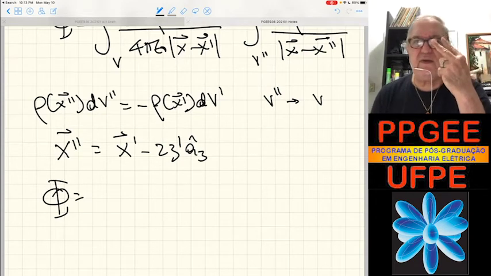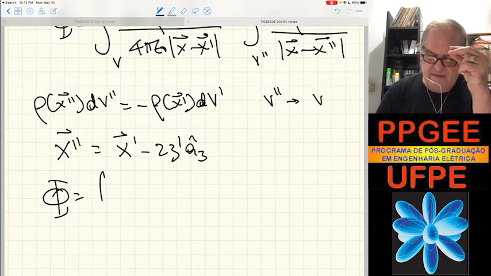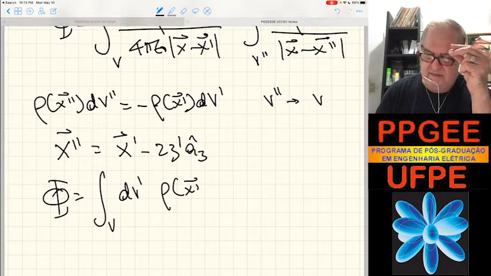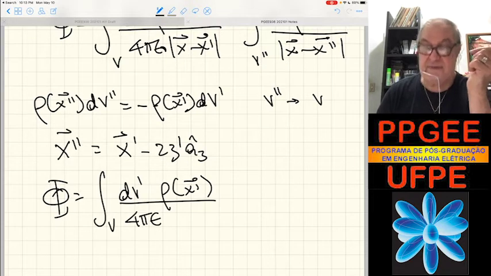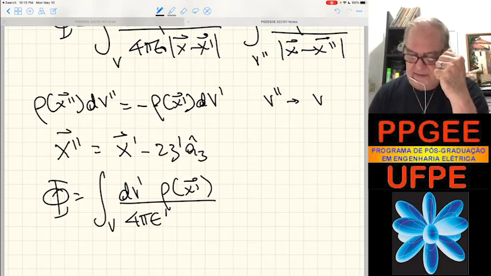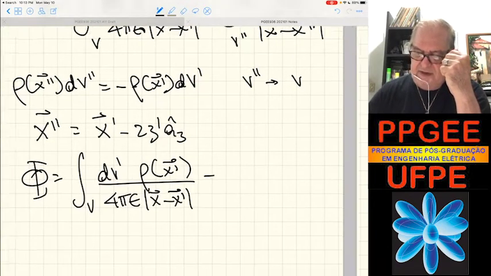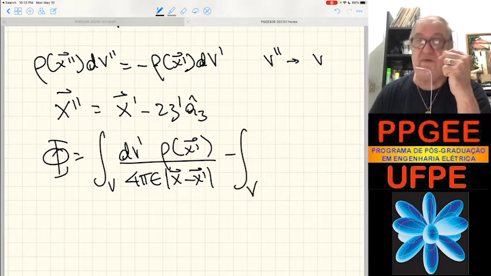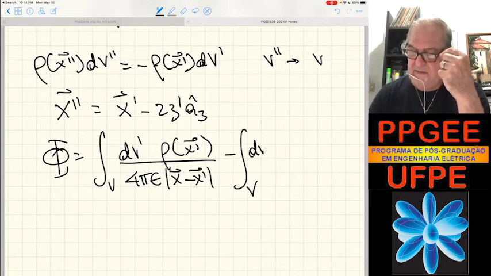It's two integrals on the same volume. I'm going to put epsilon, right? Let's assume the upper medium has a permittivity equal to epsilon. The potential is the integral of rho of x prime dv prime over 4 pi epsilon times the magnitude of x minus x prime, plus the potential of the image charge, which is the same integral in volume v, dv prime, right?